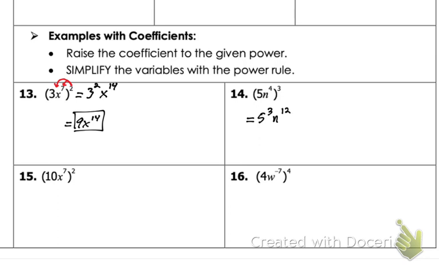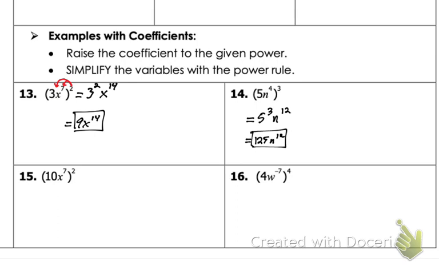And 5 cubed is 5 times 5 times 5, which, careful, 5 times 5 is 25 times 5. 5 cubed is 125. I think you added it. I think you did 5 plus 5 plus 5. It should be 5 times 5 times 5, which should be 125, n to the 12th.